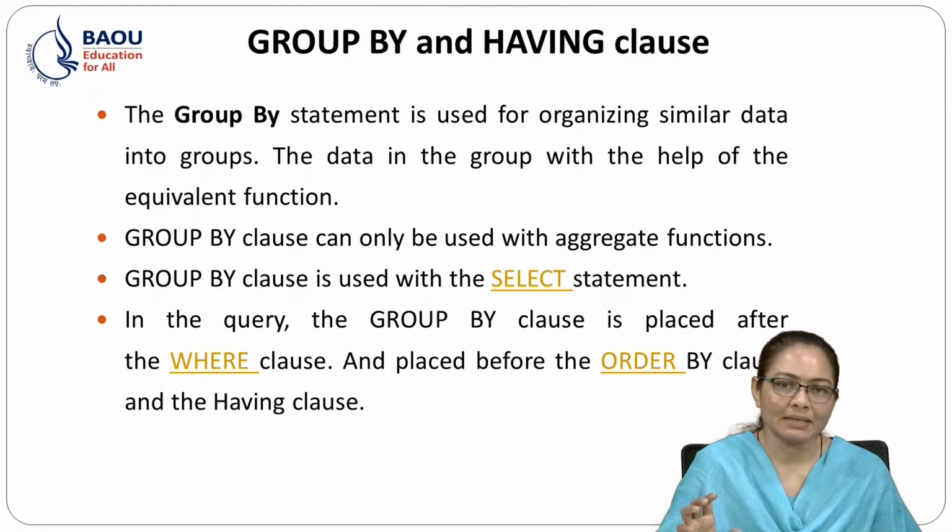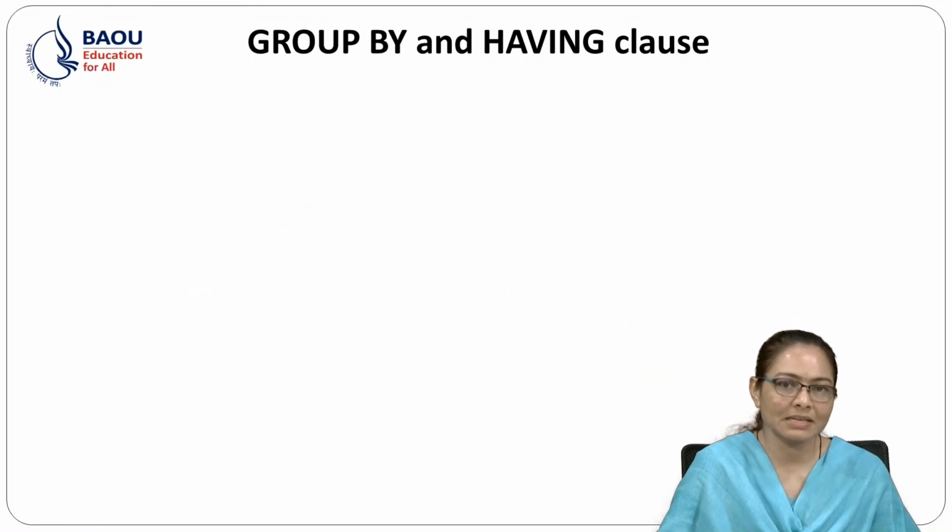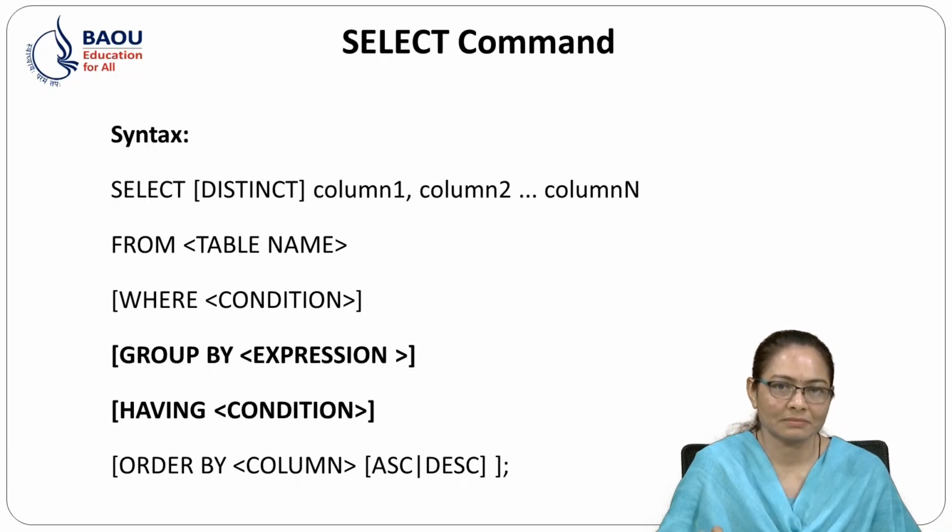In the query, the group by clause is placed after the where clause and before the order by clause, as we already saw in the syntax on the previous slide.